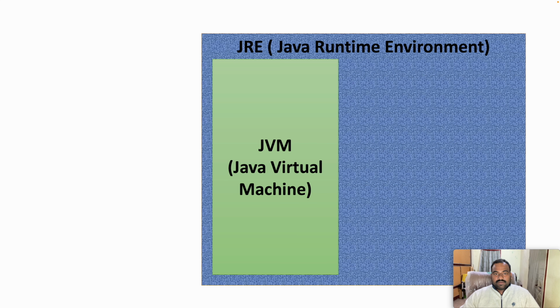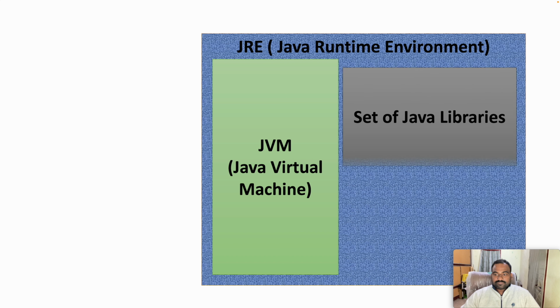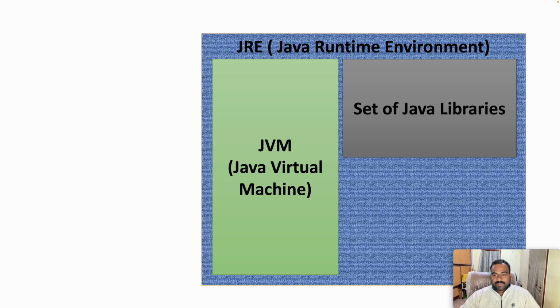Next, what is the runtime environment? The runtime environment is the layer between our operating system and our JVM, or we can call it an interface. It contains the virtual machine as well as a set of Java libraries.